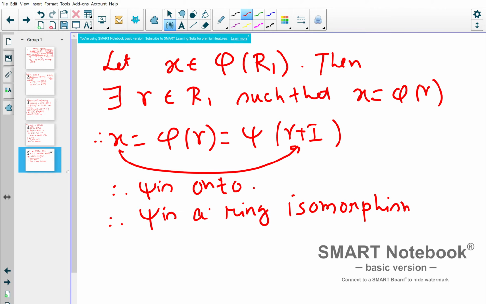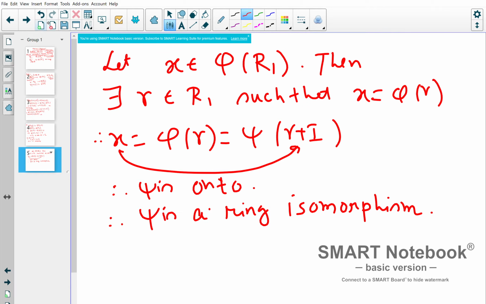Clear? Yes. Done. So this proves that whenever you have a ring homomorphism from a ring to another ring, then the quotient ring formed by the kernel is isomorphic to the image of that homomorphism. Okay.